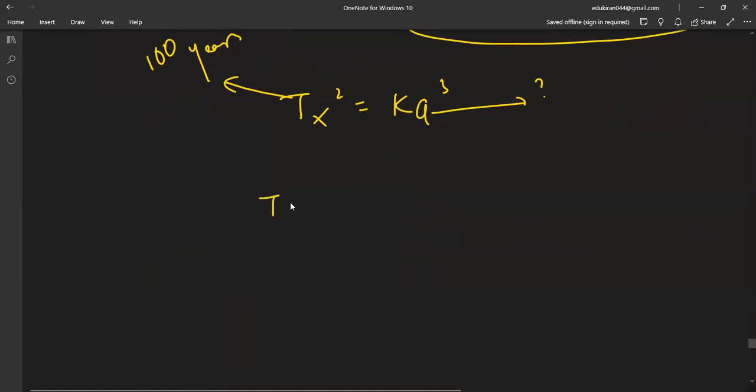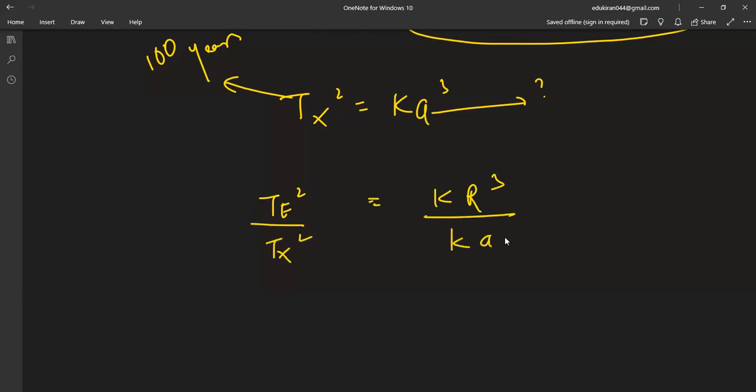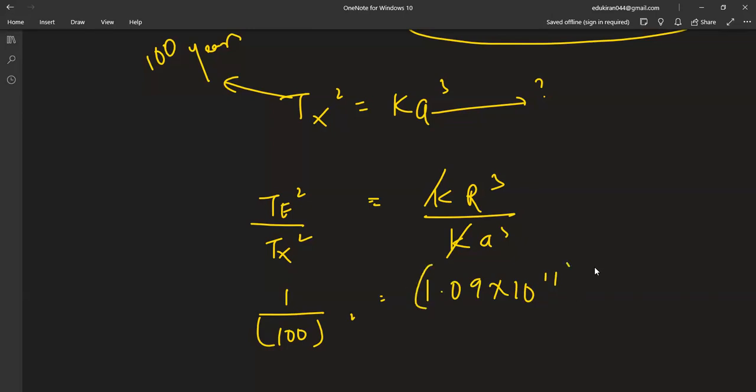When you take the ratios, T_E squared over T_X squared equals K R cubed over K A cubed. K will cancel. This becomes 1 by 100 whole squared equals 1.09 into 10 to the power 11 whole cubed, divided by A cubed. From here, you can calculate the axis.